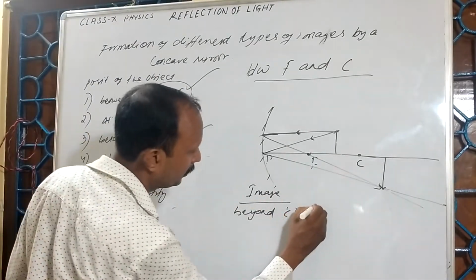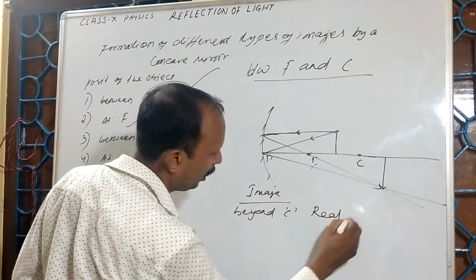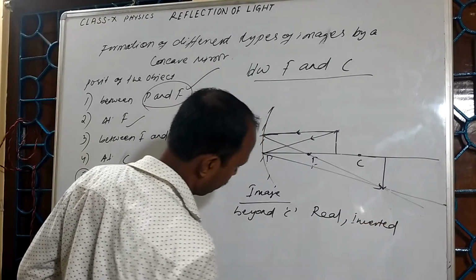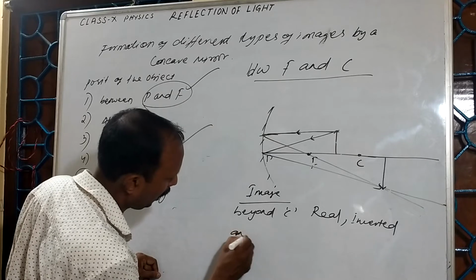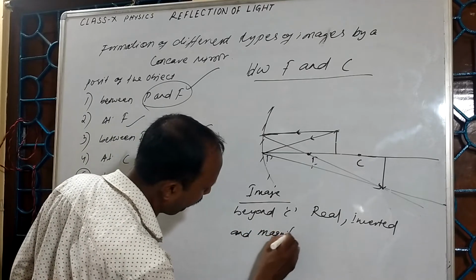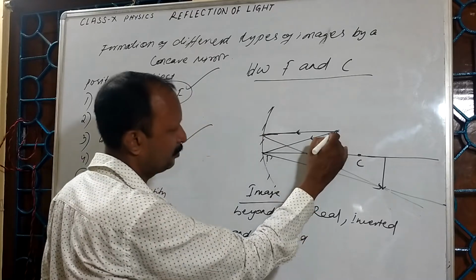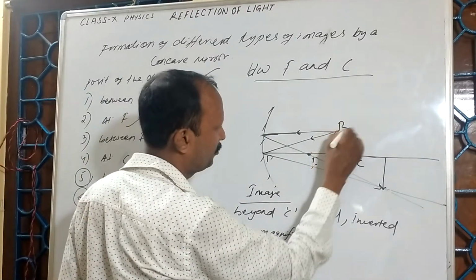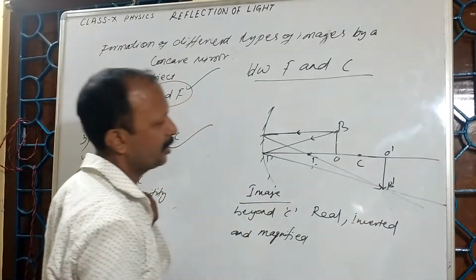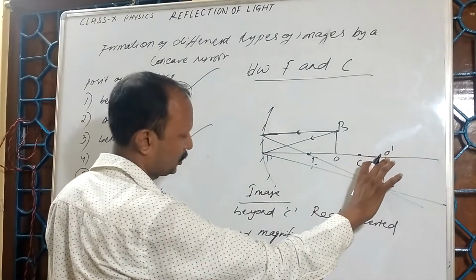Next one, real, inverted and magnified. You see the size of the object. This is OB, the object. I can say this is O dash, B dash is the image. It is enlarged.